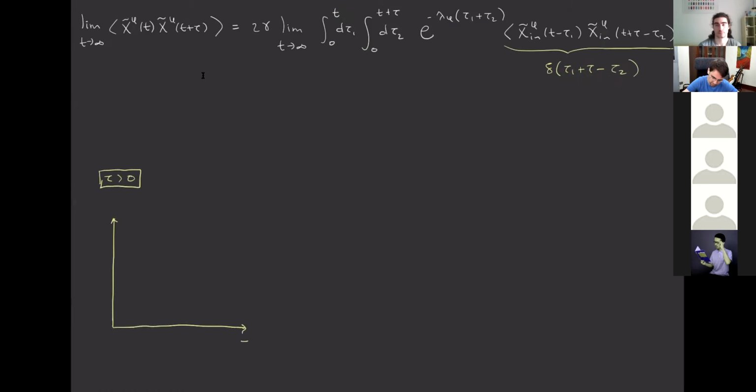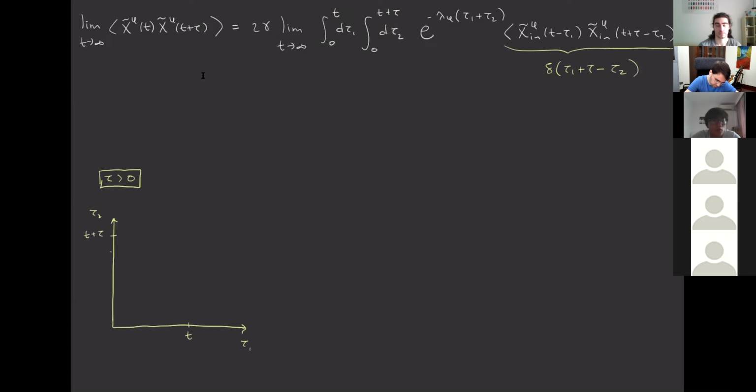So we have in here the integration domain, so tau1, tau2. And now the integration domain is the following. So in tau1, we go all the way up to t. And in tau2, as you see in the integration domain, we go all the way not to t, but to t plus tau.